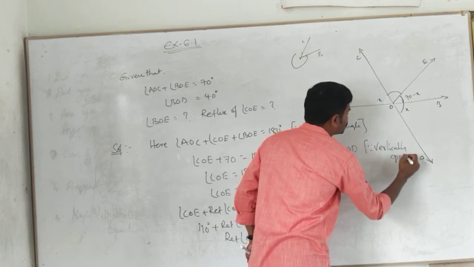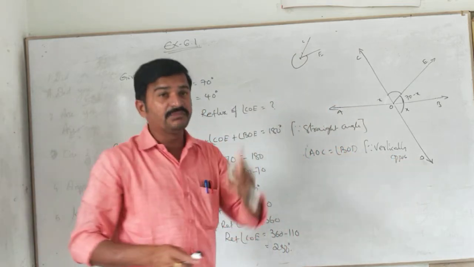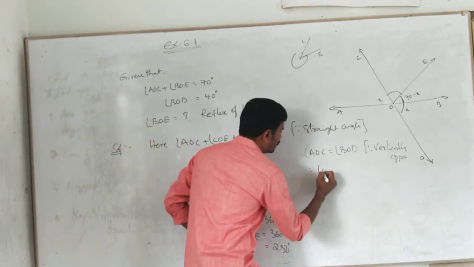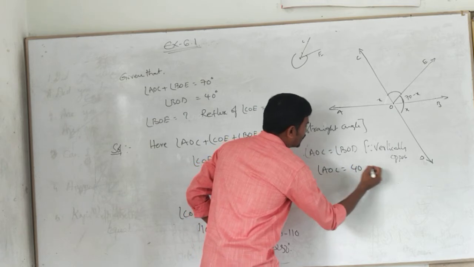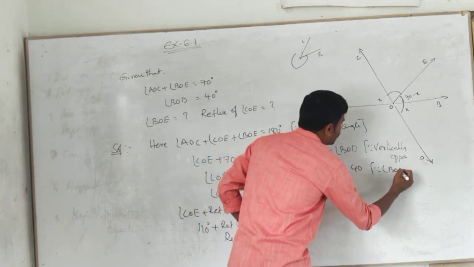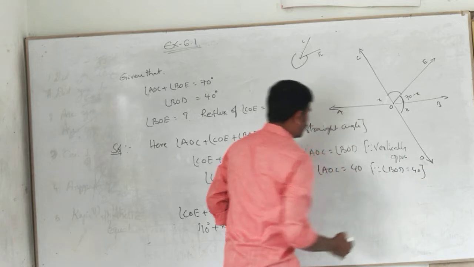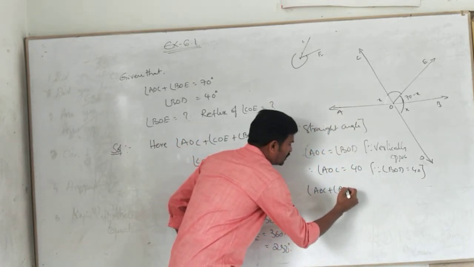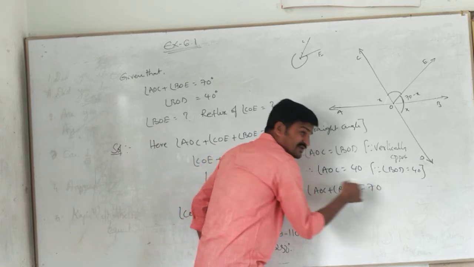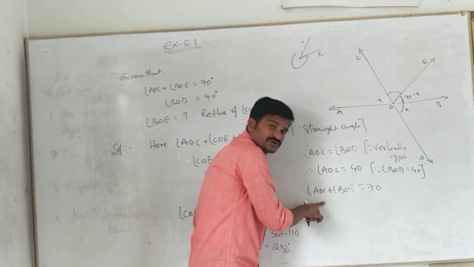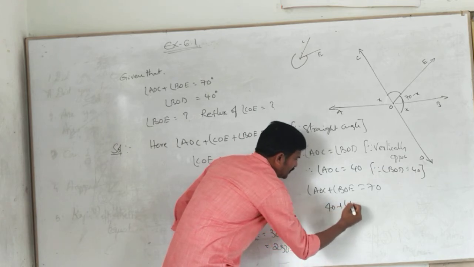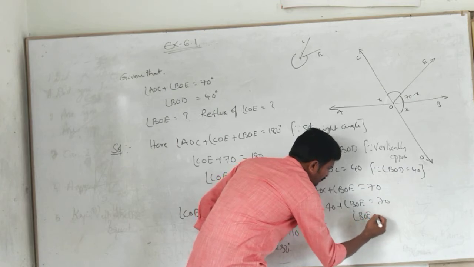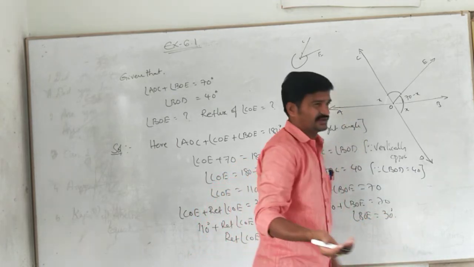But angle BOD is given as 40, therefore angle AOC is 40 degrees. Now angle AOC plus angle BOE is 70 degrees, so 40 plus angle BOE equals 70. Therefore angle BOE equals 30 degrees. This is it.